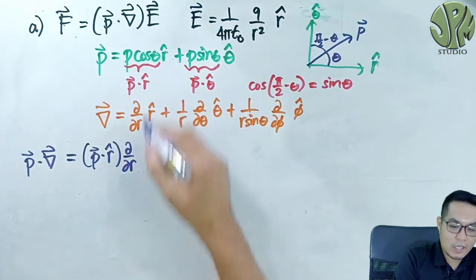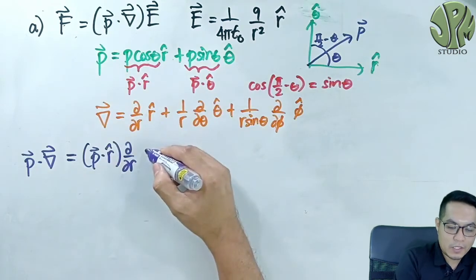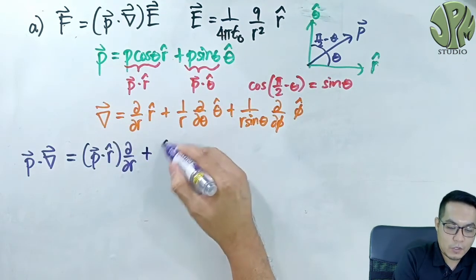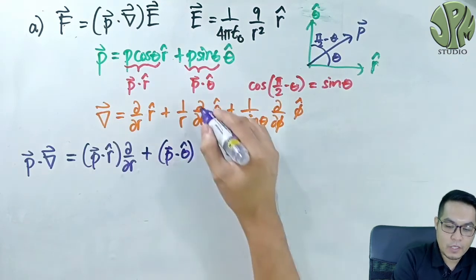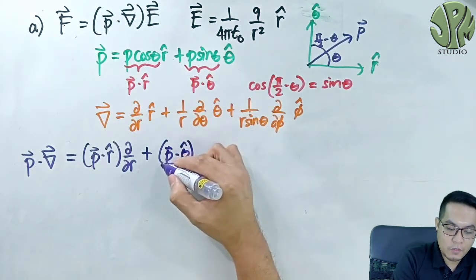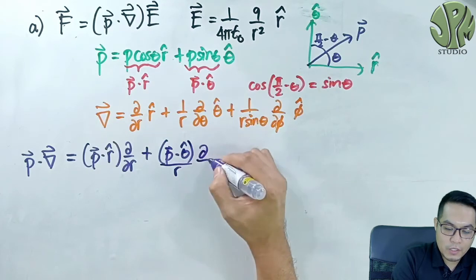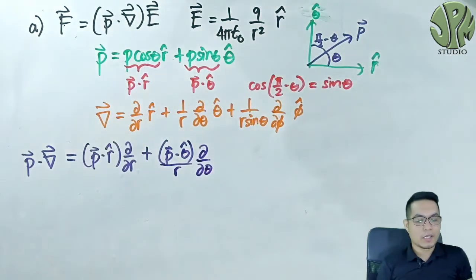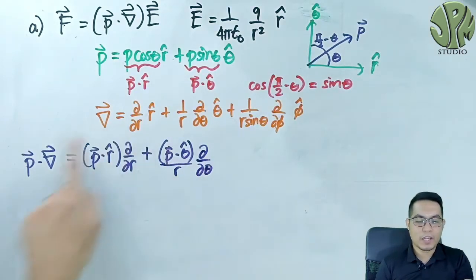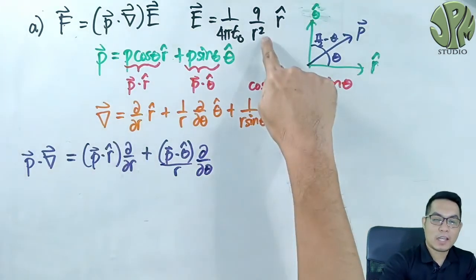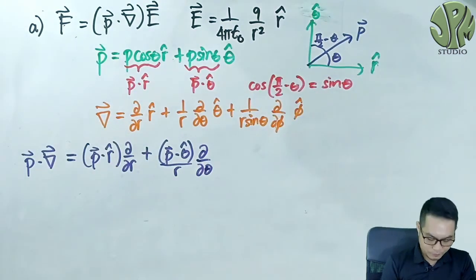So that's the multiplication of the r components, and then for the theta components, you have p dot theta hat, then multiplied by 1 over r, partial with respect to theta. So that is the p dot del operator, and this operator will act on our electric field here.